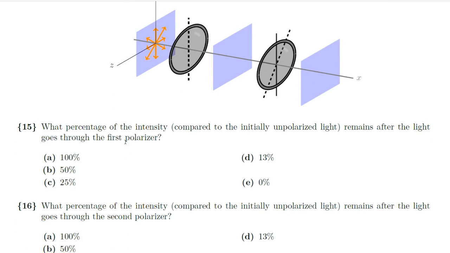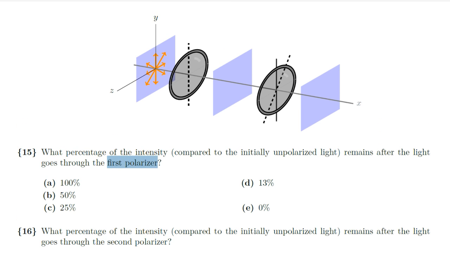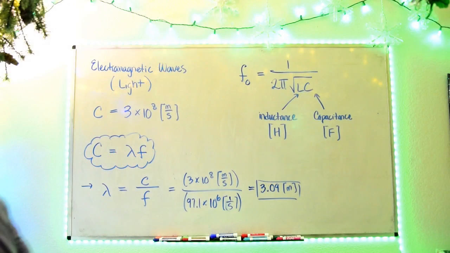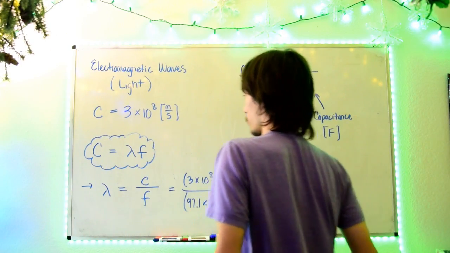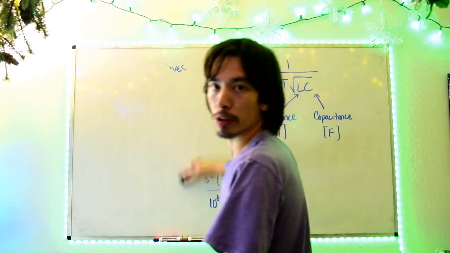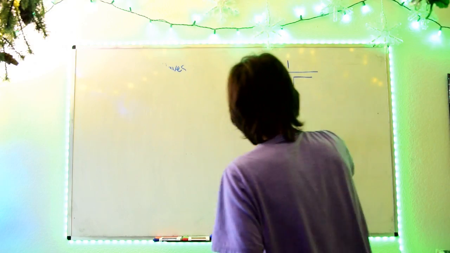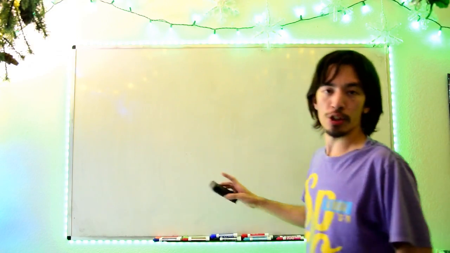So this first question is, what percentage of the intensity compared to the initially unpolarized light remains after the light goes through the first polarizer? So for this, you want to remember that when you go through a polarizer and the light is initially unpolarized, goes through a polarizer and it becomes polarized, the answer is very simple.